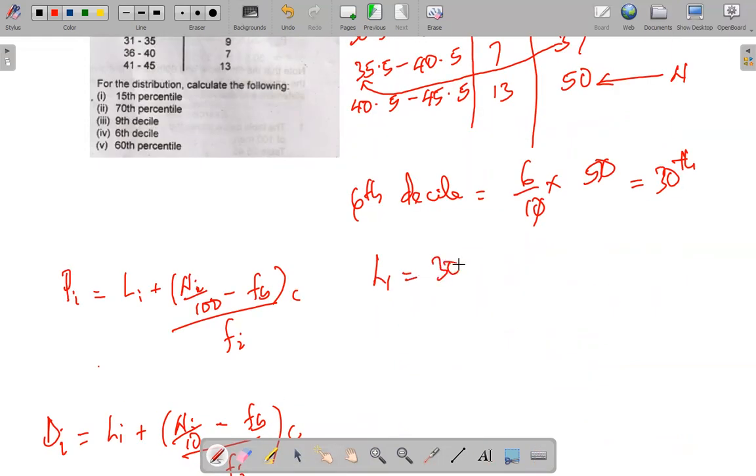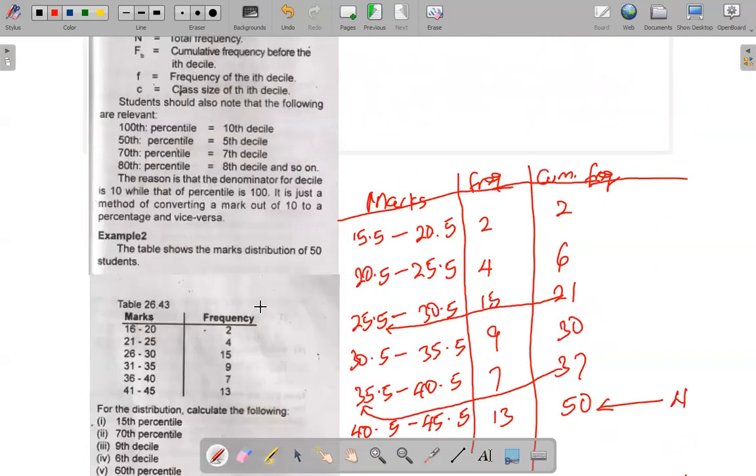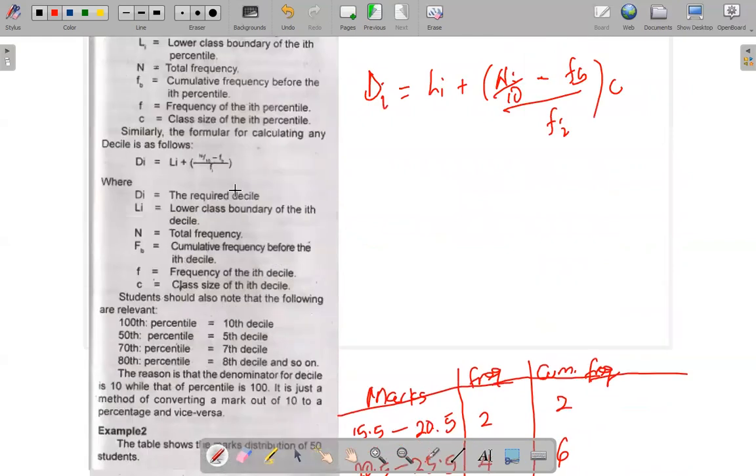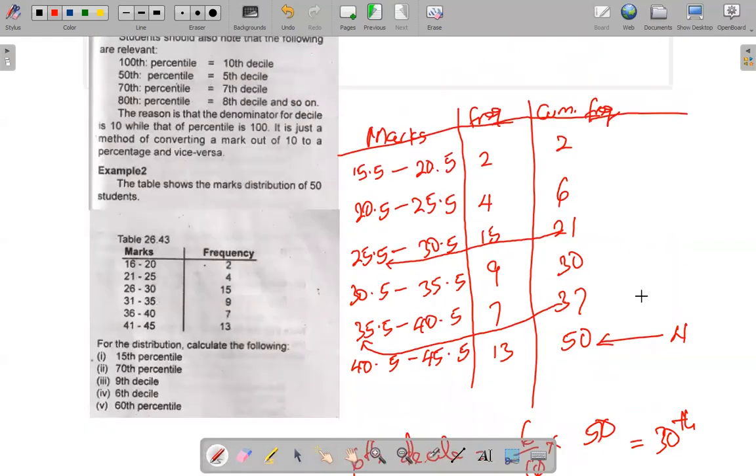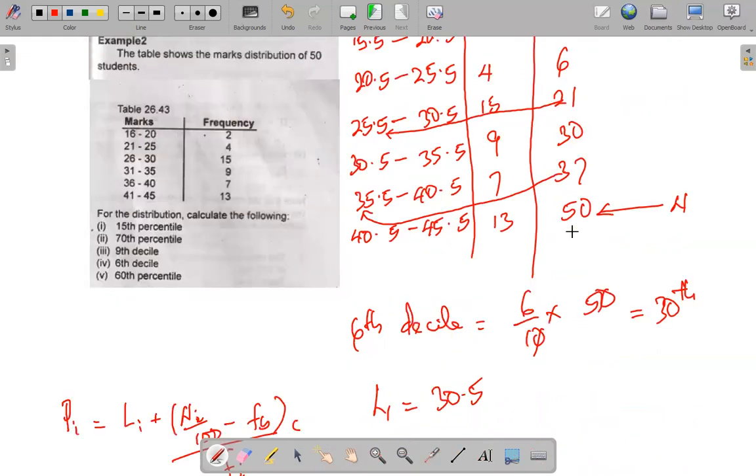Li is 30.5. Then what do we need? We need Fb, the cumulative frequency before the ith decile. Our ith decile is in the 30th position. The cumulative frequency before it is 21.